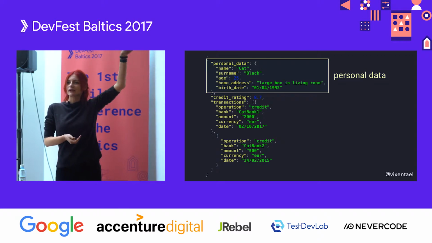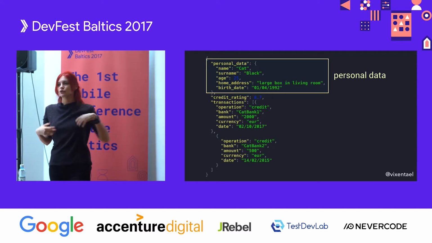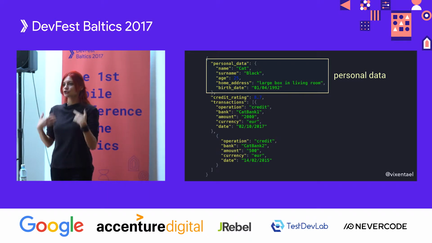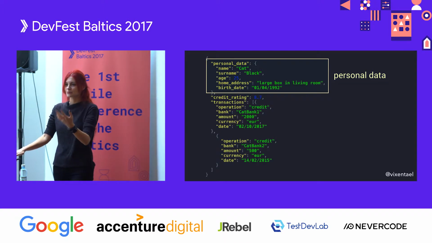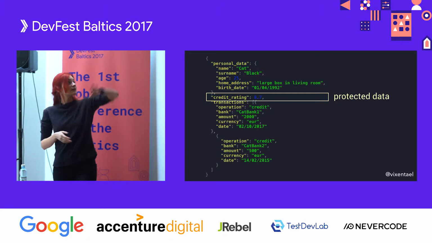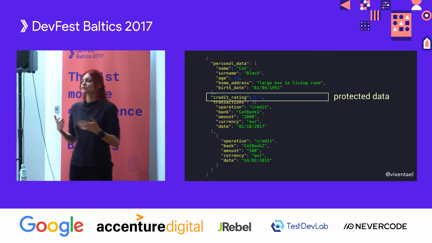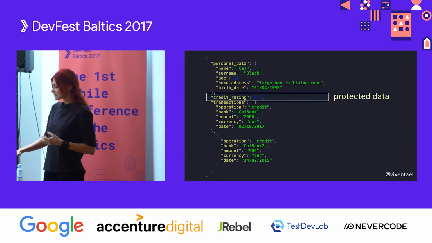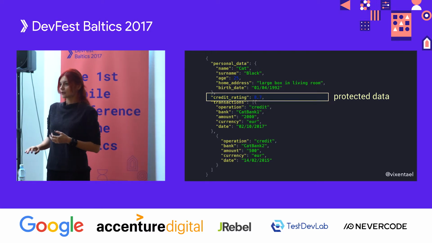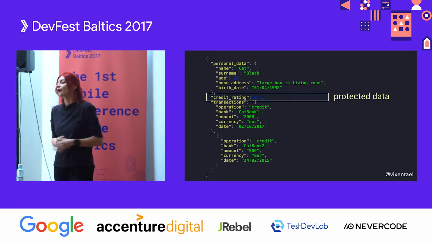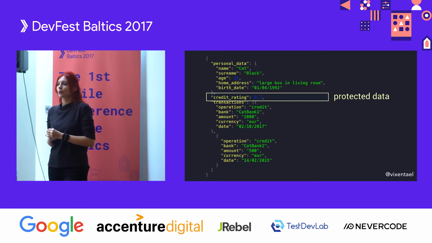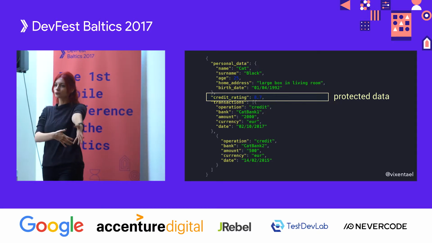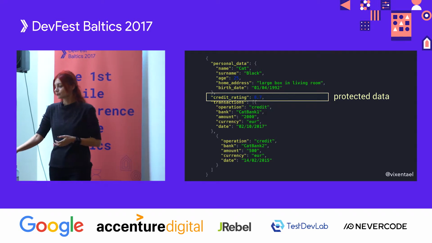Banks, credit bureaus, and other companies are using this data to identify you, to make sure that you are you, or in our case, that Mr. Cat is Mr. Cat. The second block is a credit rating or credit score. This is something you want to keep protected, because based on this rating, banks decide whether to approve your loan or to reject it.